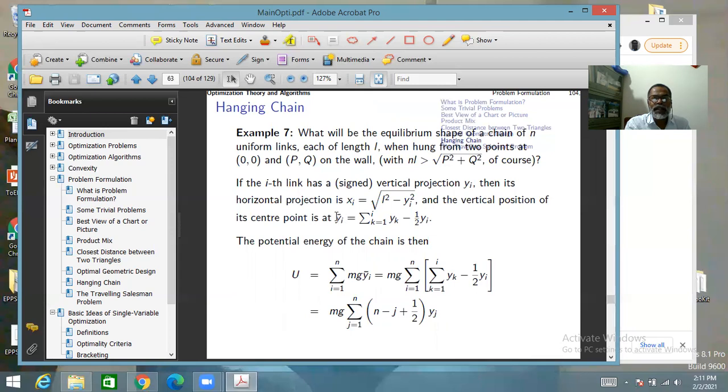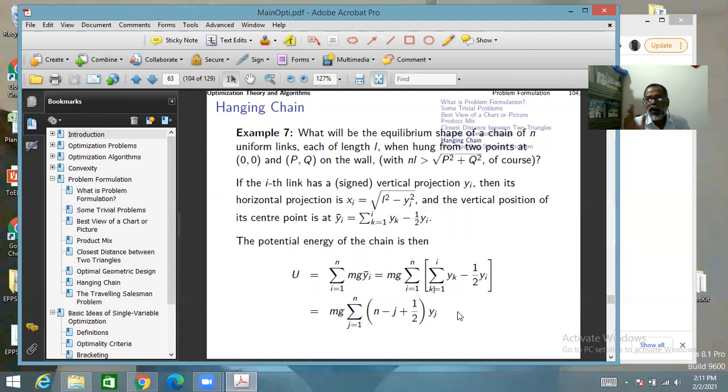And then based on the center point, you work out the total potential energy. Okay, mg yi bar. Then put this yi bar here and you get this. Okay, there is a double sigma, double summation. But it will get reduced to a single sum. Okay, because as you say that for i equal to 1, what will come, for i equal to 2, what will come, and so on, then you will notice that y1 will come in all of them except its own, in that just half y1 will come.